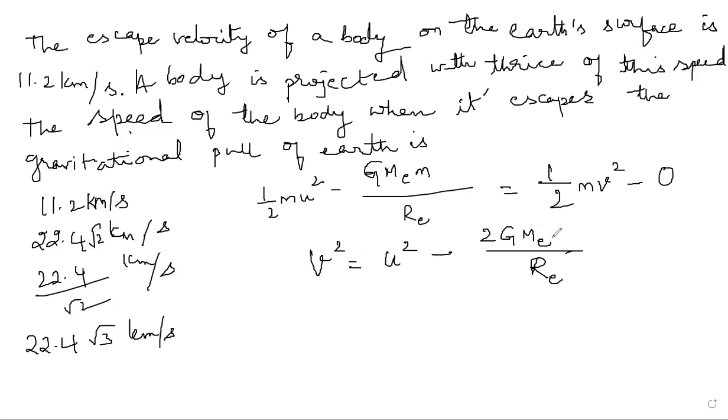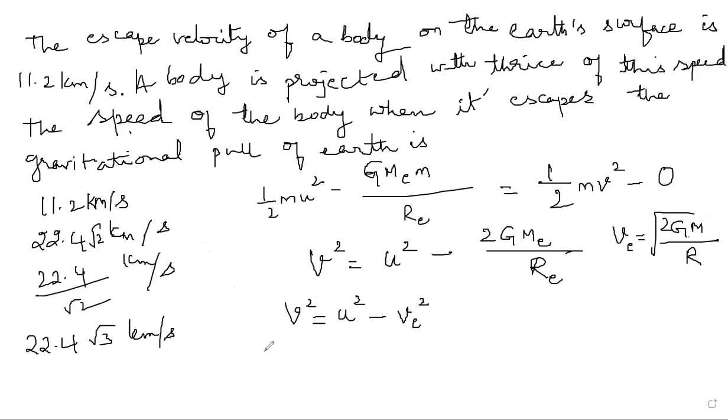Okay, so finally I can write this term: you know that VE, the escape velocity, is root of 2GM divided by R. So I can write v square is equal to u square minus VE square.